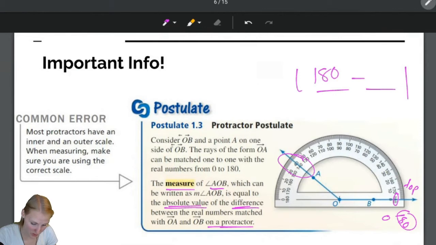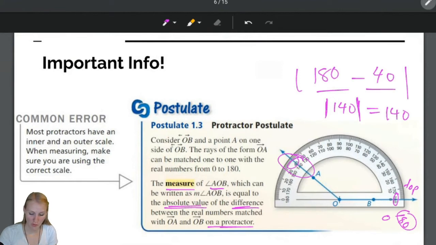So the number on the top is 40. So 180 minus 40 is 140. The absolute value of 140 is 140. So the measure of this angle is 140 degrees.